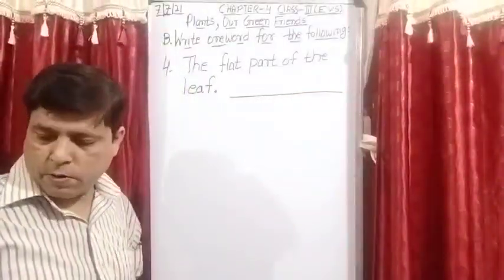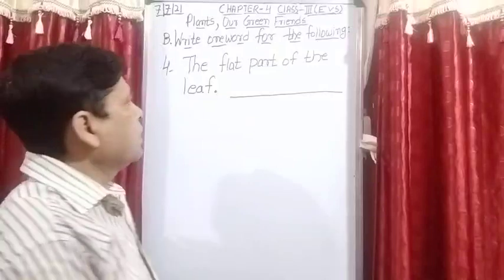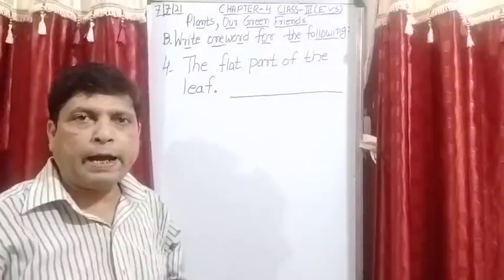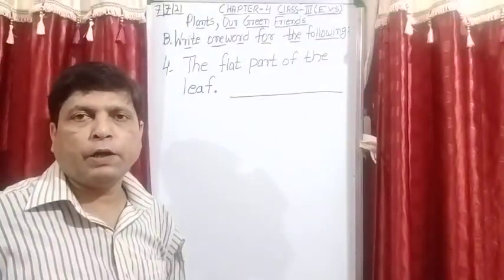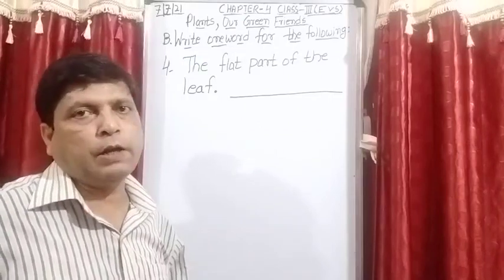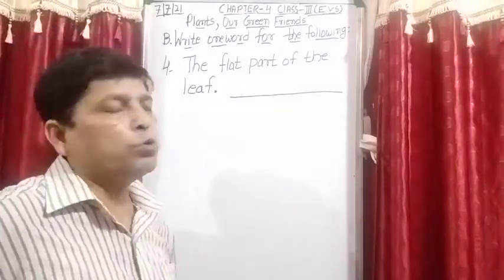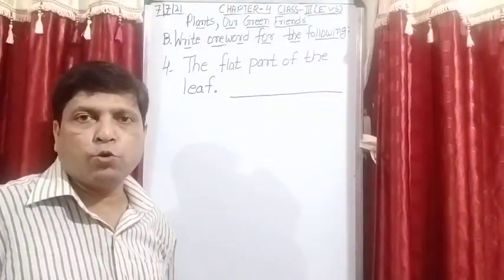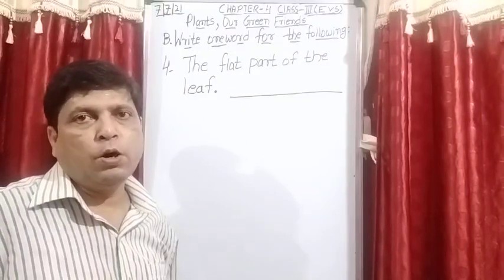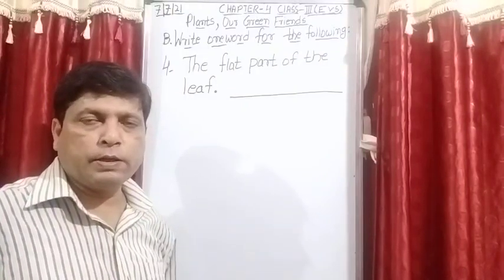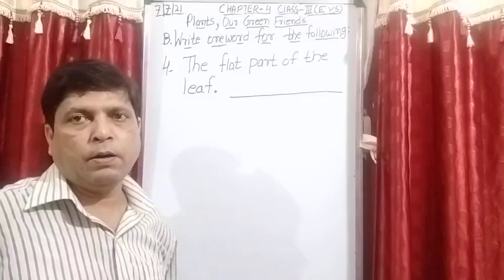So students, see, the flat thin broad part of the leaf. When I showed you the structure of the leaf, I explained that the flat broad part of the leaf is known as leaf blade, or you can also say lamina.